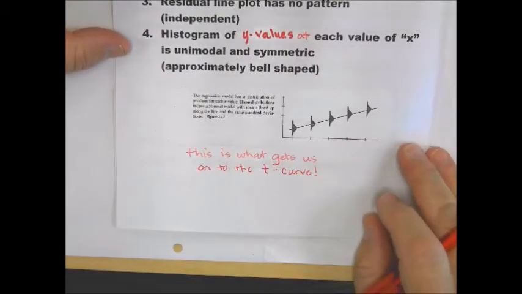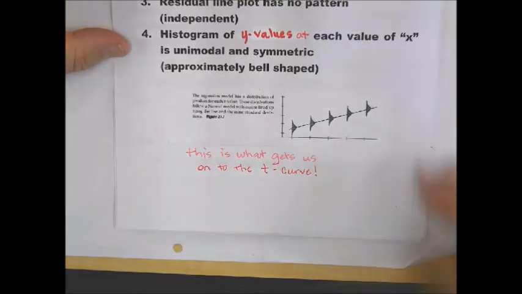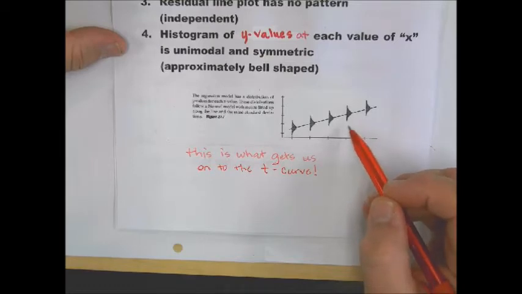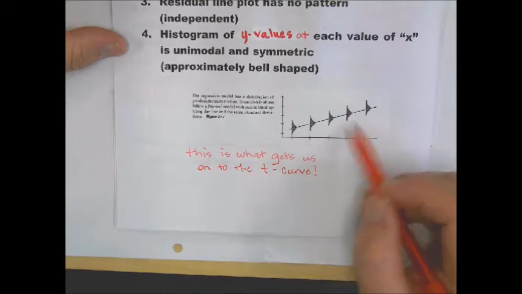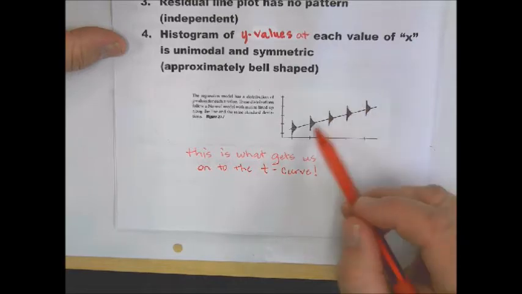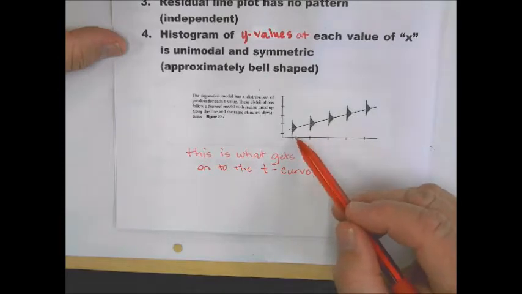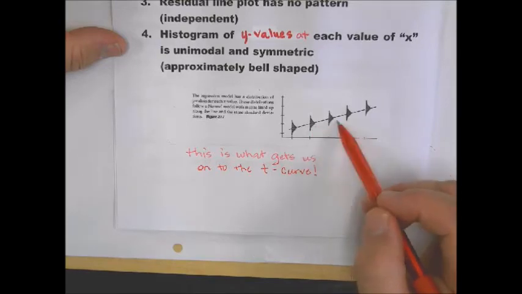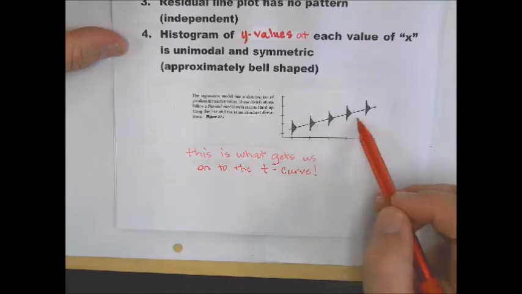But thinking of it as a population, what you have to think about is what every y value would be if you examined every x value possible in the population. And what we see is the y values at every value of x are distributed in a unimodal and fairly symmetric pattern, or a bell shape.